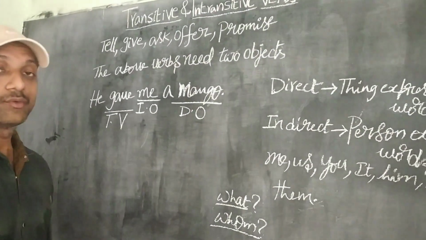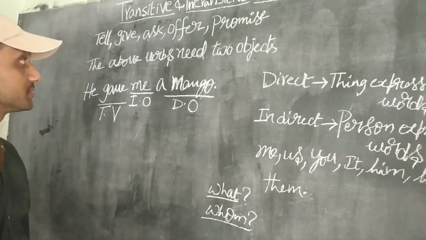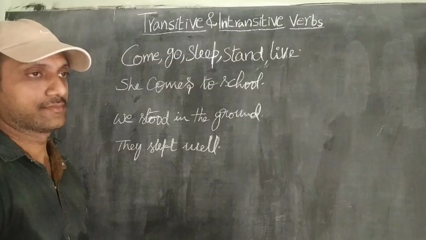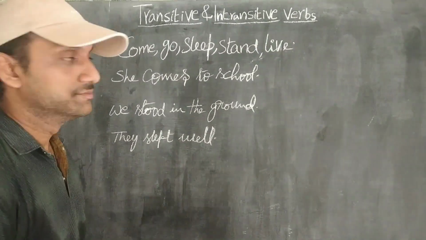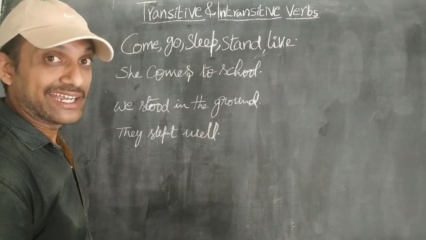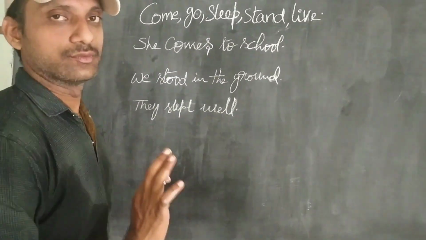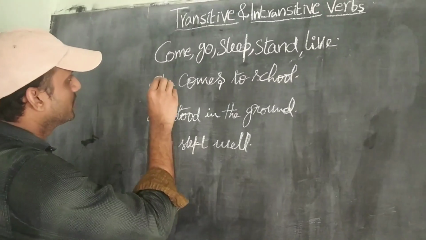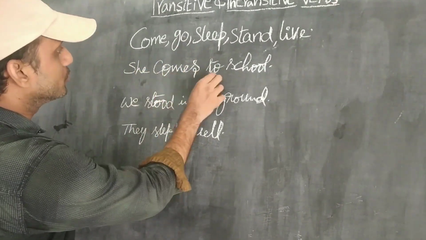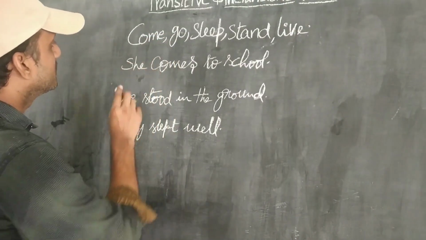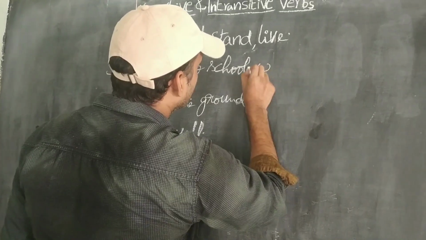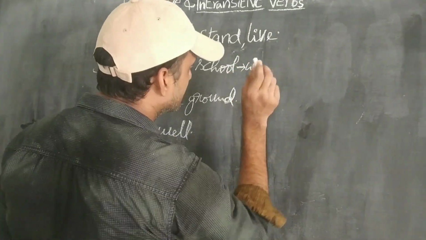Now, let us know about intransitive verbs with some more examples. These verbs are examples for intransitive verbs: come, go, sleep, stand, leave. She comes to school. First example. We have to change it into a question, right?